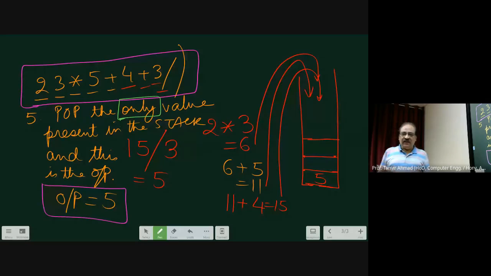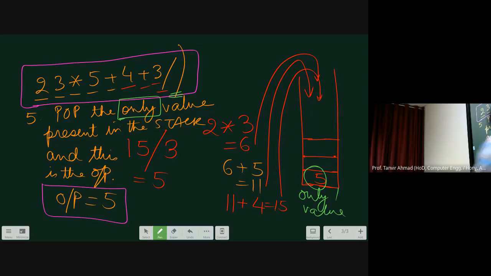If the stack contains more than one value, or if the stack doesn't contain any value, it indicates that the expression you got might not be correct. Therefore, when I encounter the right bracket, I should have only one value. Otherwise, it will also detect whether the expression is correct or not.